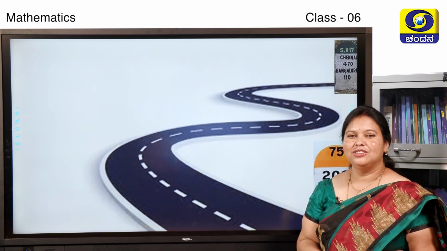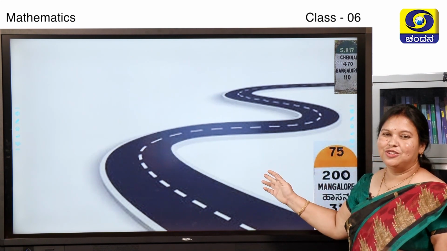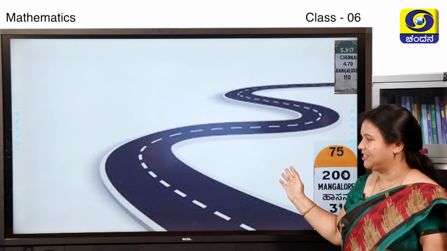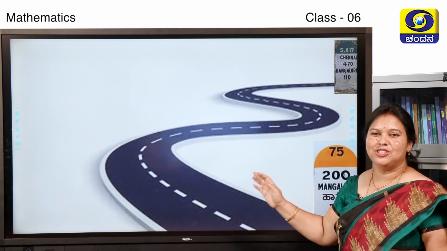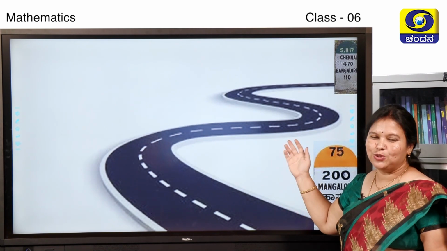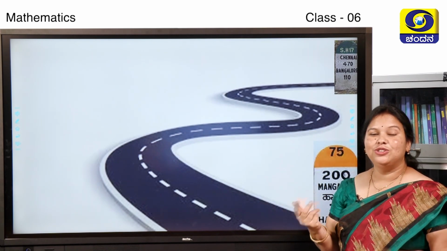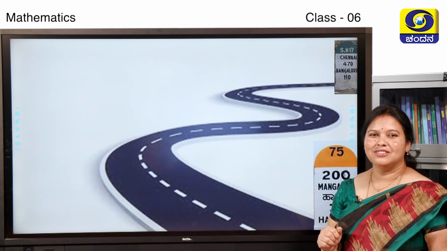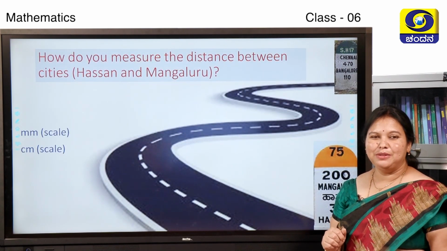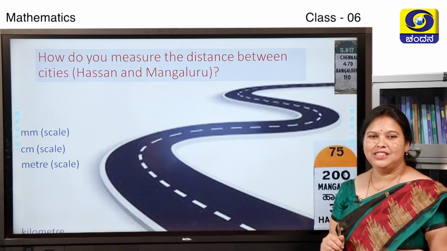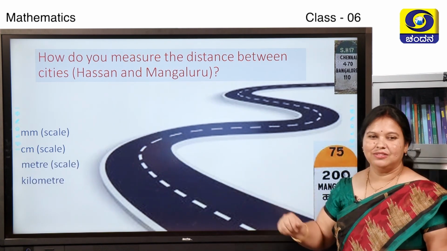Dear children, you are seeing the highway which connects two cities, for example, Mangalore and Hassan. In case to measure the distance between these two cities, what will you do? How will you measure? Here also, I am giving you 4 units: millimeter, centimeter, meter and kilometer.